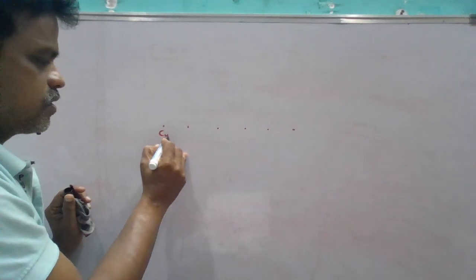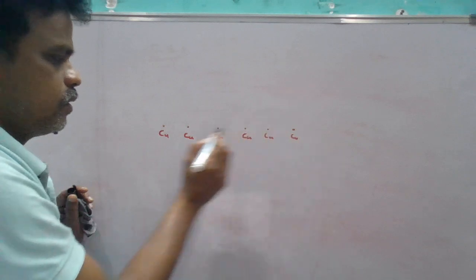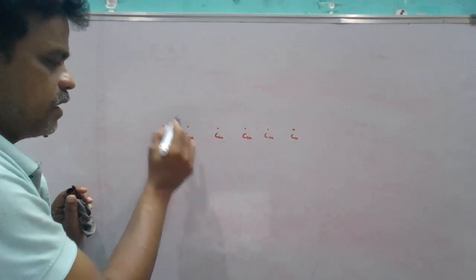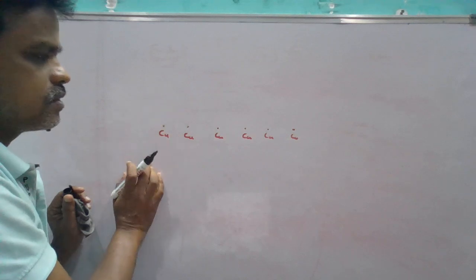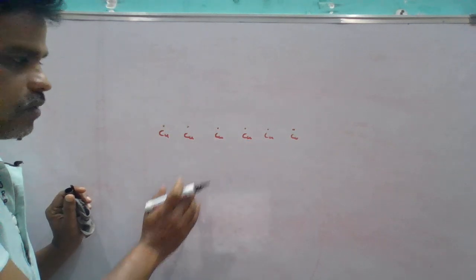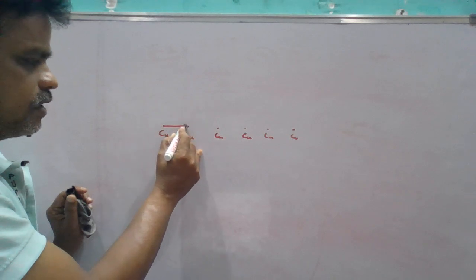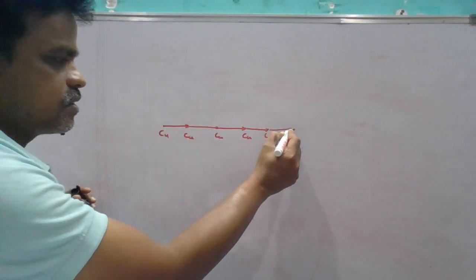For example, take copper. This is a lattice point, and at the lattice point exists only one atom. So it is a monoatomic lattice, extending only in one direction.